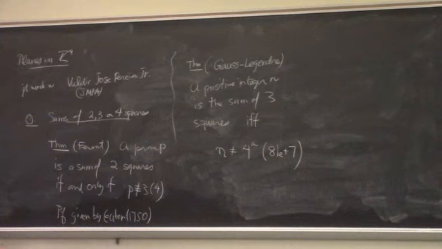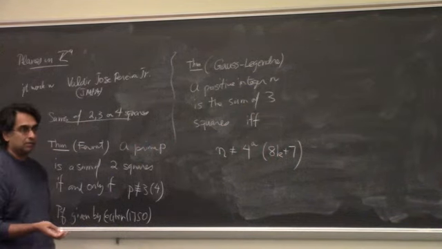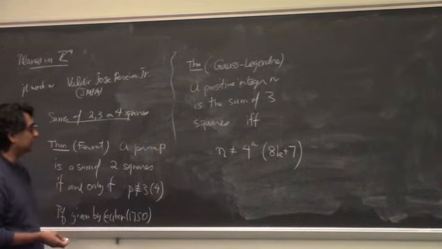Again, it's a local obstruction. You can't write 7 mod 8 as the sum of 3 squares mod 8.